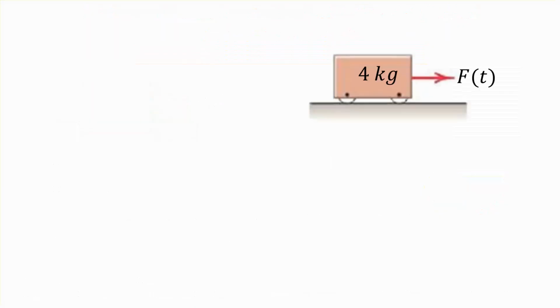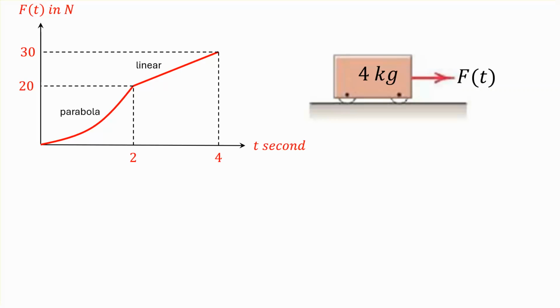The example that I'm going to do is a 4 kilogram mass on a roller, basically, where a force is applied to it, and the force variation is like this. If time is between 0 and 2, it's a parabolic force distribution.